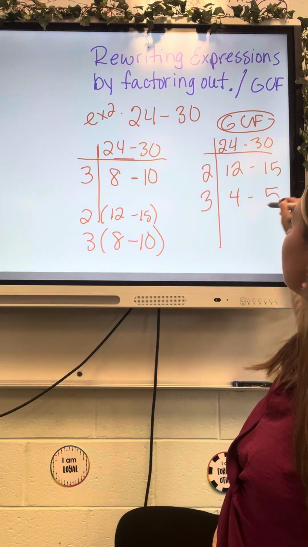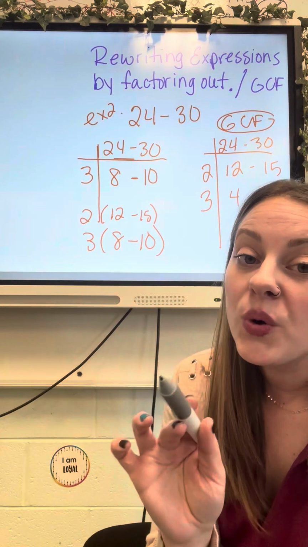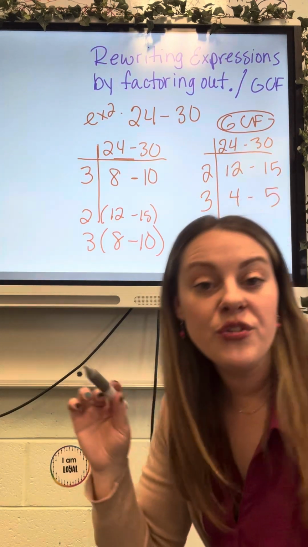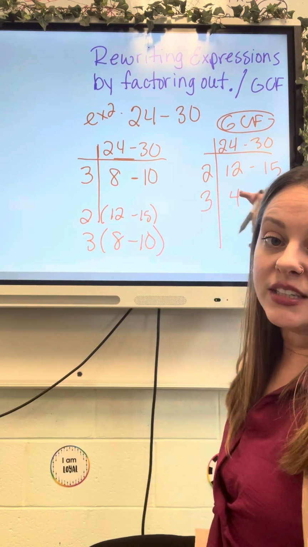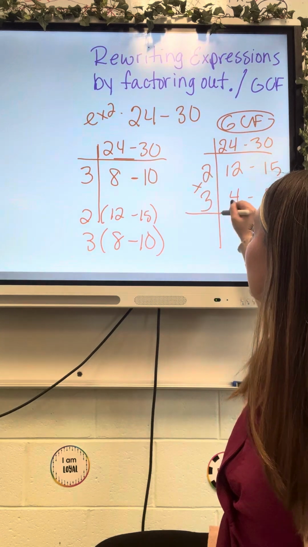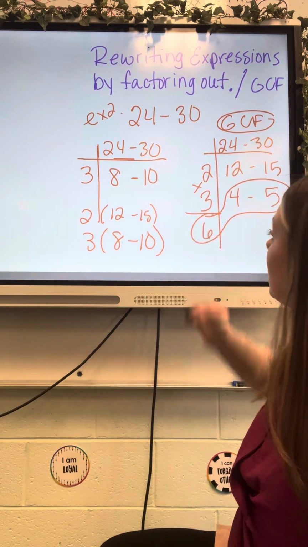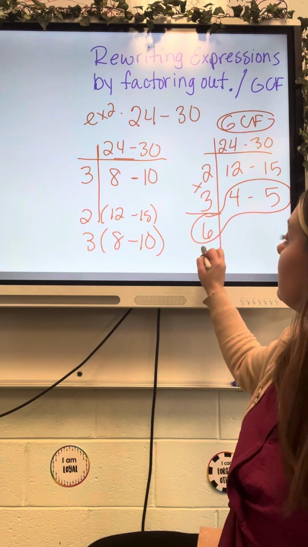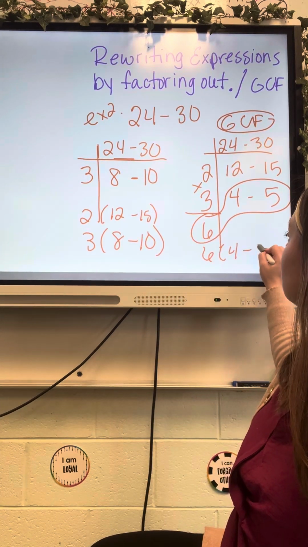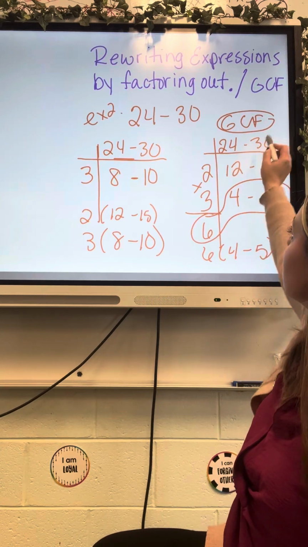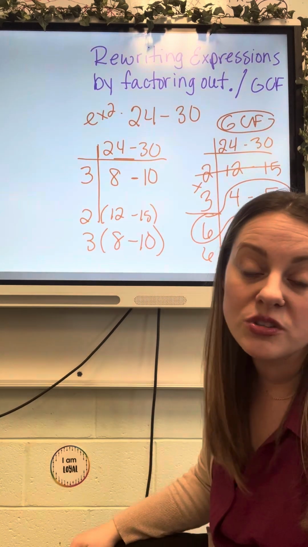And 3 times 5 is 15. Now, very important, you are not using these. How do you find the GCF? You factor it out until you can't, and then you multiply these, right? 2 times 3 is 6. This would be your answer. It would be 6 times 4 minus 5. 6 times 4 is 24. 6 times 5 is 30. If it helps, just eliminate the rows prior.